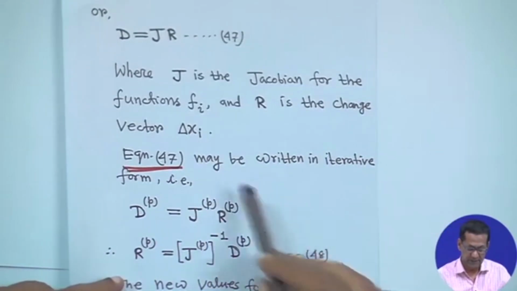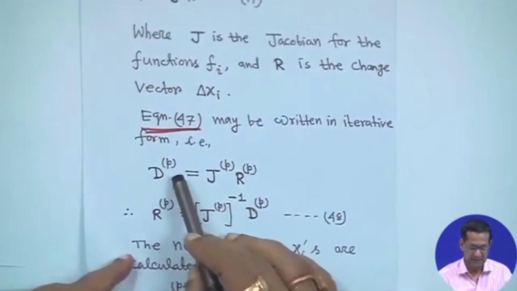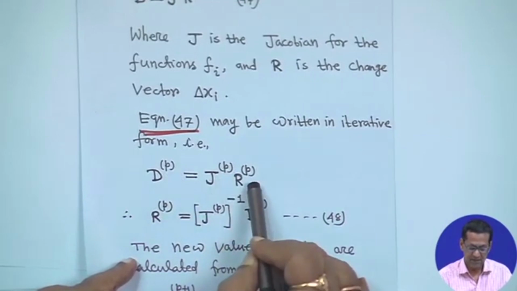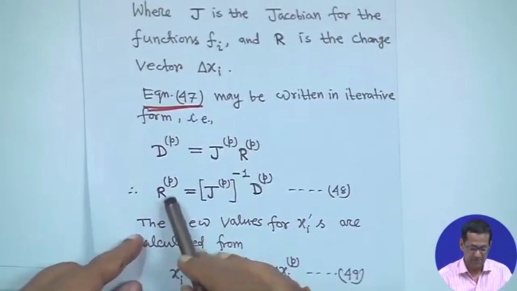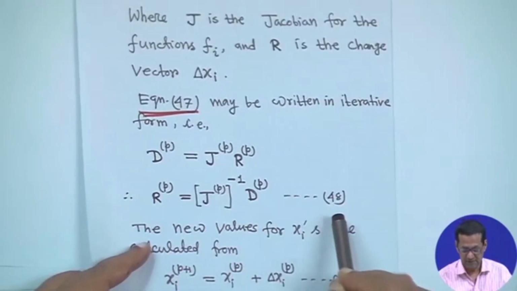So, equation 47 may be written in iterative form. For any iteration count p, dp is equal to Jp into Rp, where p is the iteration count. That means Rp will be equal to Jp inverse into dp. This is equation 48.